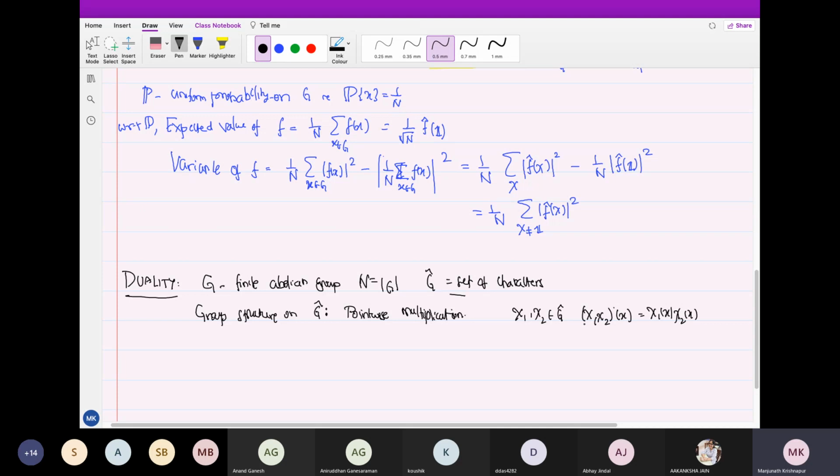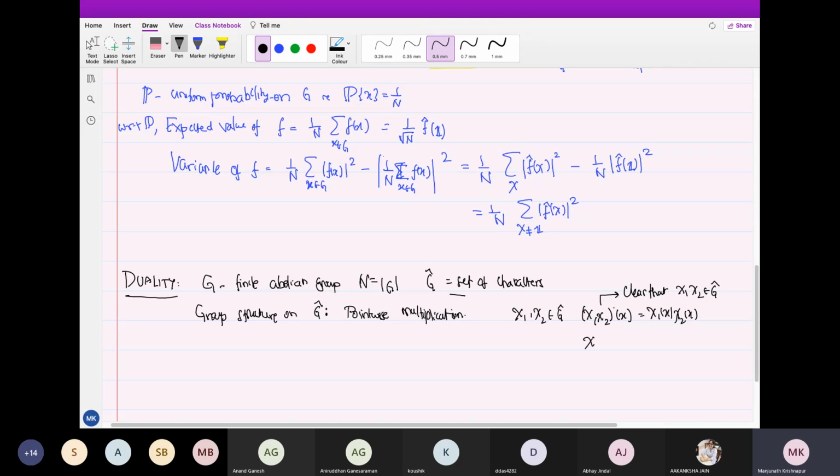That gives you chi1 chi2 of x times chi1 chi2 of y. It's a homomorphism, a product of two homomorphisms, everything is abelian, and it maps into the circle group because the product of two elements in the unit circle is in the unit circle.